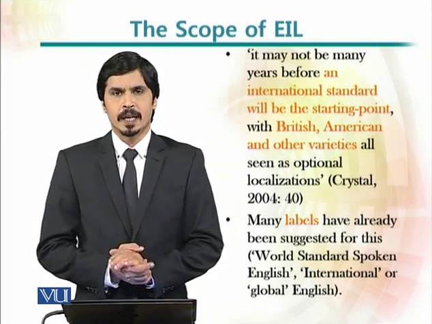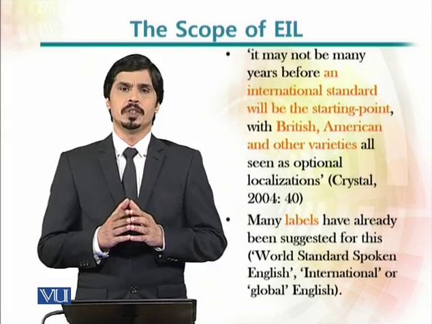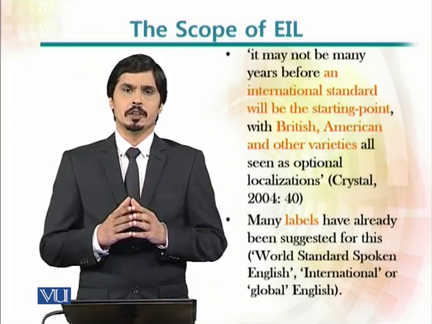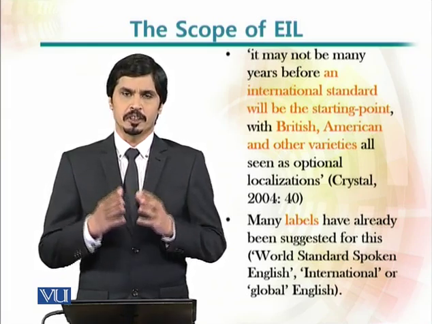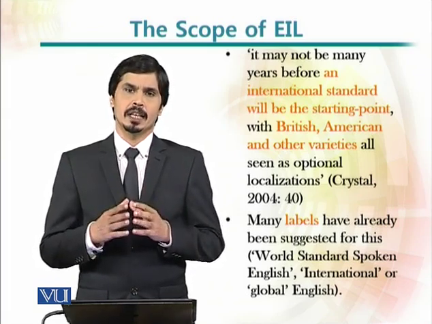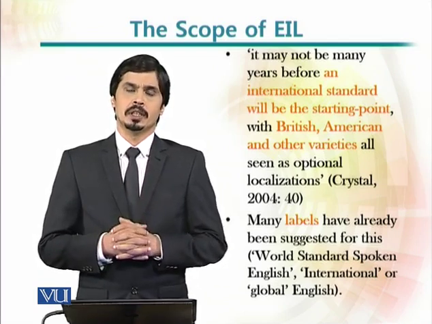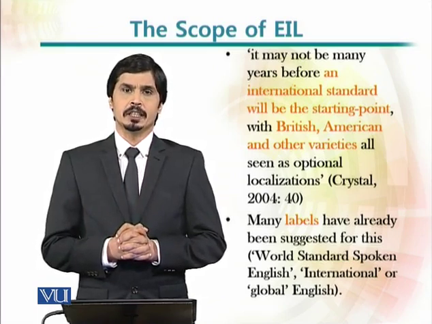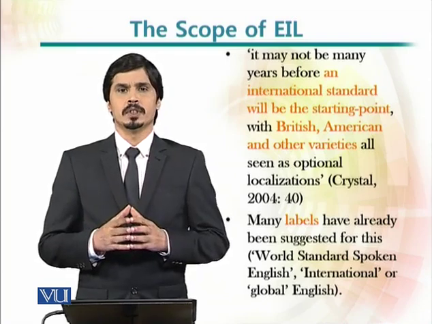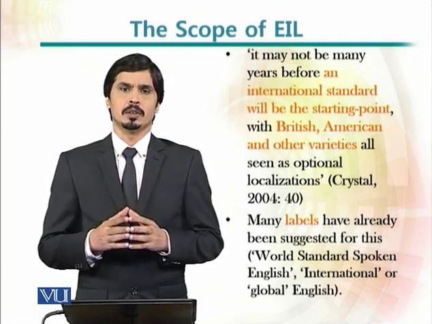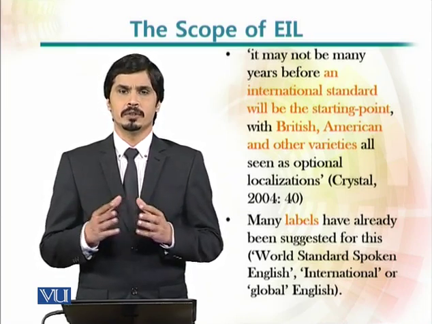We could also expect that such a neutral variety in the coming years would facilitate people communicating in various spheres of professional, academic, and social lives. And in such a variety, we could see that British and American varieties may be considered as one of the local dimensions or local aspects of this international neutral variety.